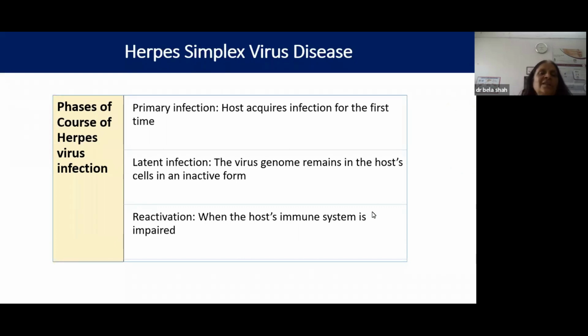Primary, then there is latent infection, and there are recurrences. Herpes simplex has tendency to recur, whether it is type 1 or type 2. So primary infection is when the host acquires infection for the first time, and then the virus will remain latent in the host. And the reactivation of virus occurs when the host immune system gets compromised, which is likely to occur when the patient is PLHIV.